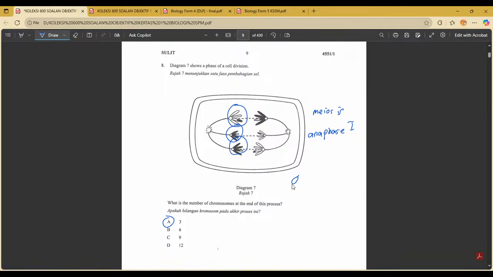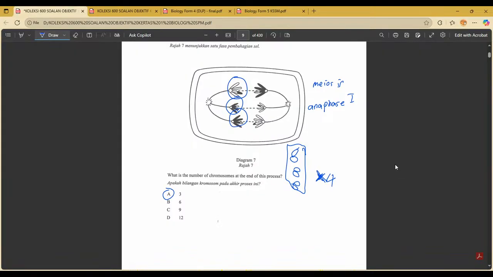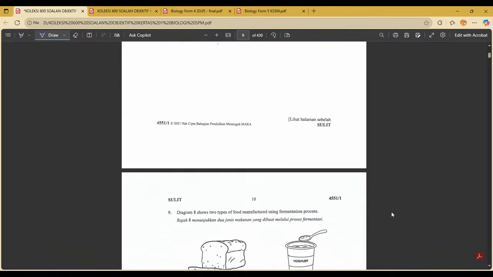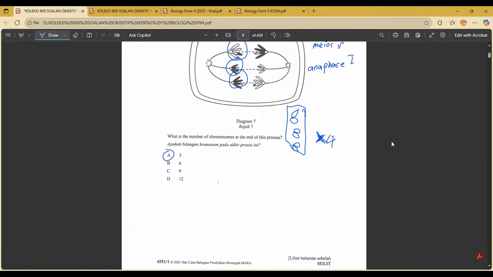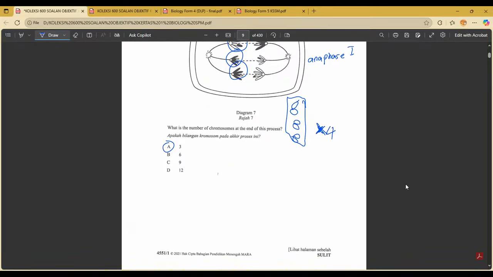It will be like 1, 2, 3, divided into 4 cells, right? Probably.